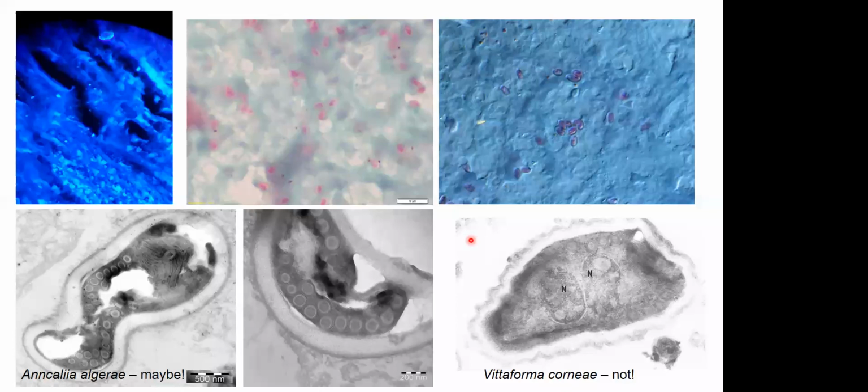From the diagnostic point of view, again, we have the spores showing up on calcofluor white stain, a modified trichrome in the middle at the top, on the right at the top, modified trichrome plus Nomarski microscopy, and then, excuse me, EM at the bottom, done by Monica, and it's probably this organism, Anncaliia algerae, which is a well-known cause of keratitis.